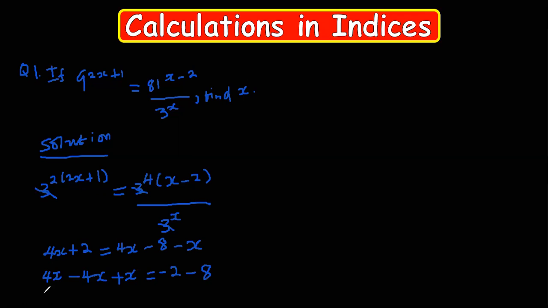The 4x cancels, so we have 1x, which is equal to, what do we have here? Minus 2 minus 8 rather. So we should have minus 10. This is the answer to this problem. This is the solution.